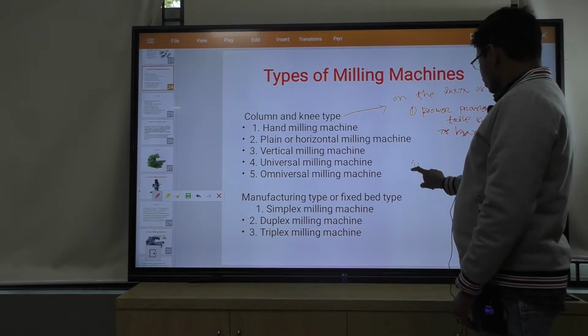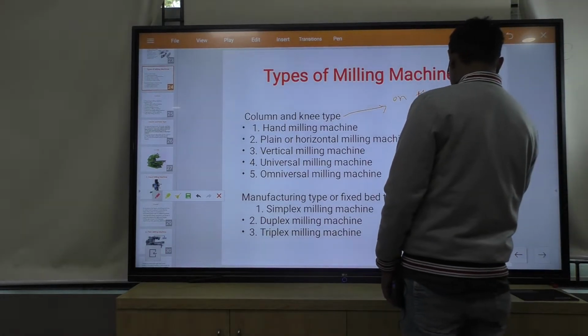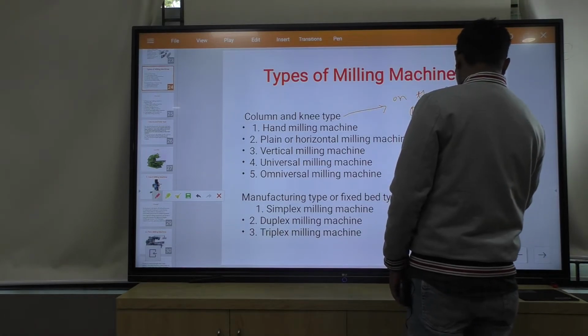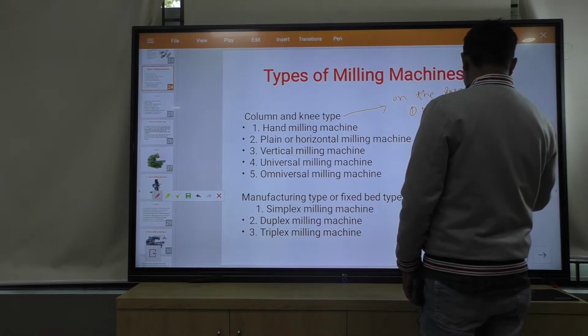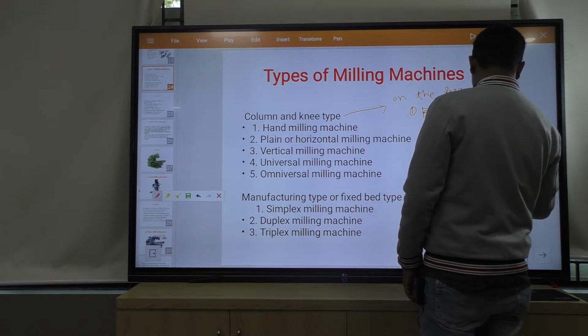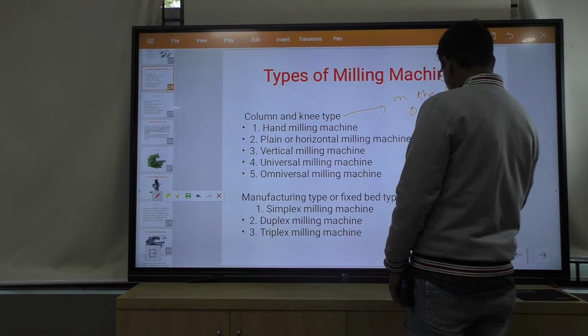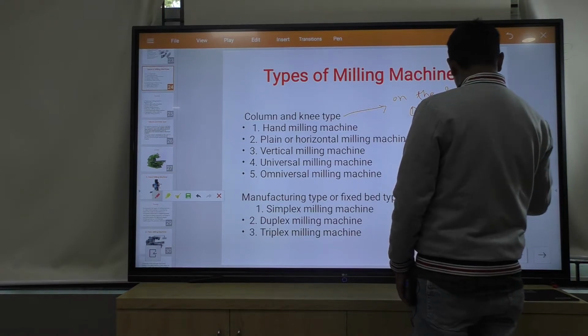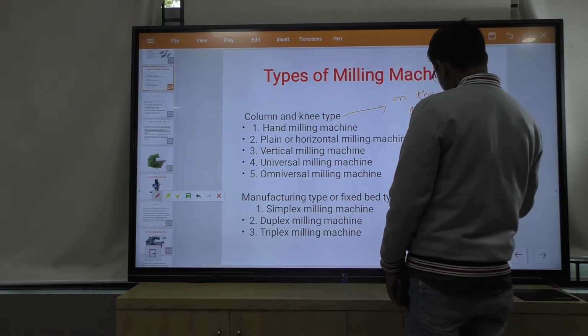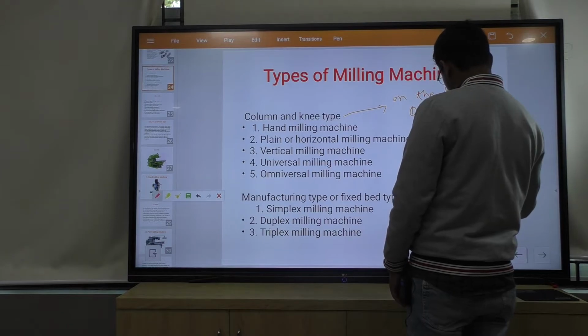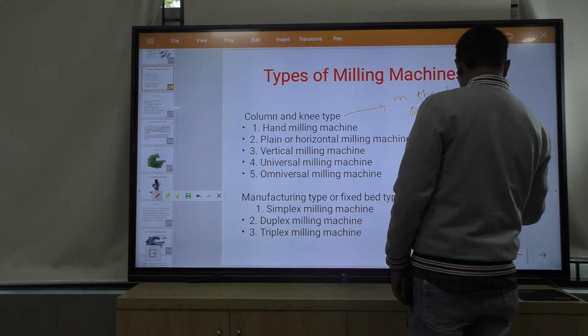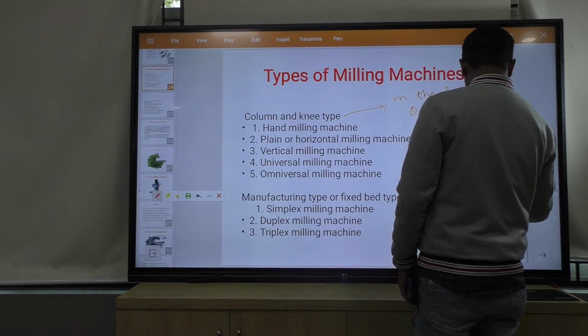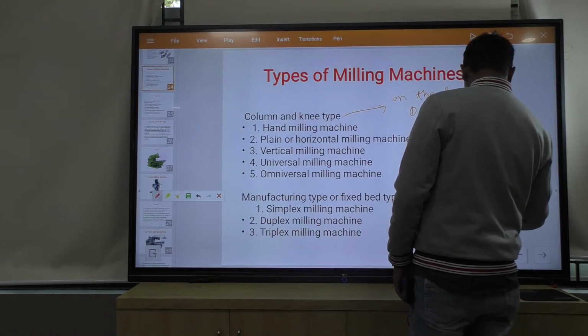Second category is table movement. Third category is table rotation in different planes.